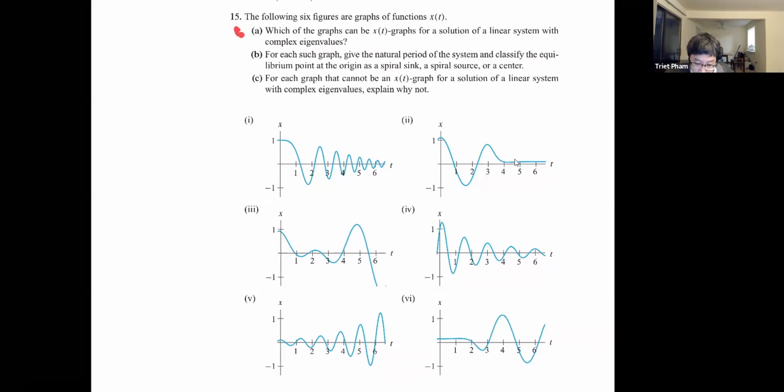So let's do A first, right? Which one do you think is legitimately coming from a system with complex eigenvalues? Yeah, I agree.